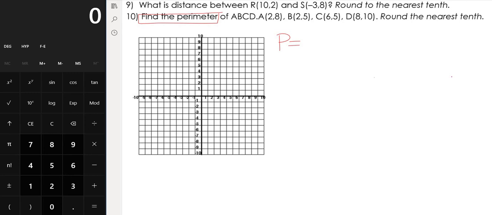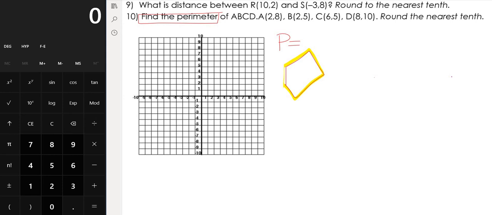So for example, if I have this weird looking shape here, I want to add up all of these sides together. This one, this one, this one, this one, this one. When I add them all together, I get the perimeter of the shape.